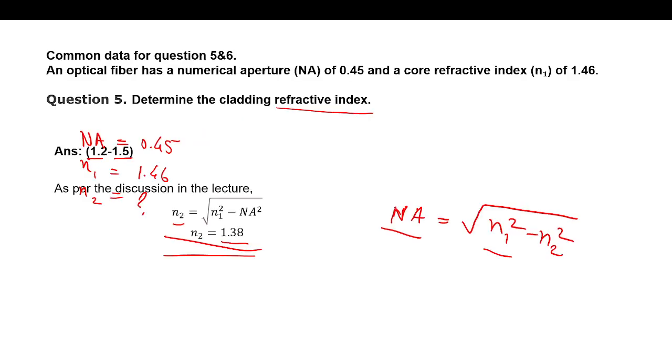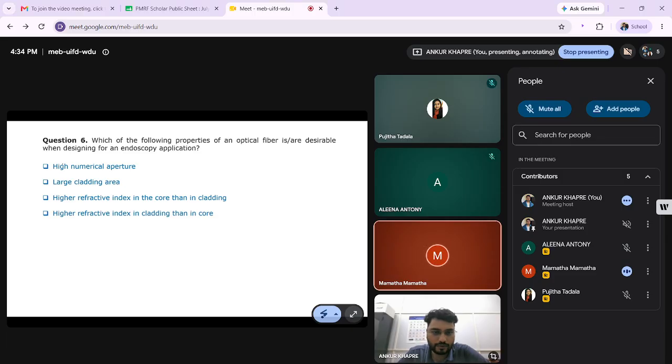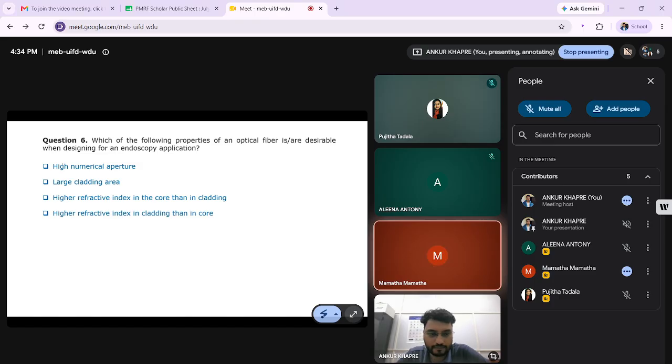You need to remember this common data and solve question number 6. Which of the following properties of an optical fiber are desirable when designing for an endoscopic application? So, what should be the desirable things?